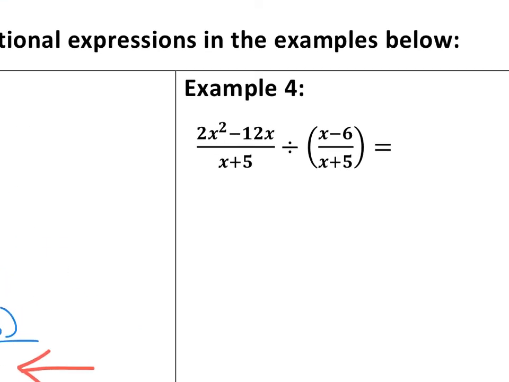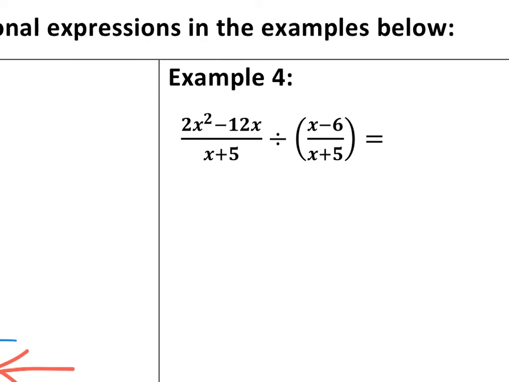All right, for a second example, we have two expressions, 2x squared minus 12x over x plus 5, being divided by x minus 6 over x plus 5. So that first one, I'm going to go ahead and pull out a 2x in the numerator, and that would give me x minus 6 left, and I've got an x plus 5 on the denominator.